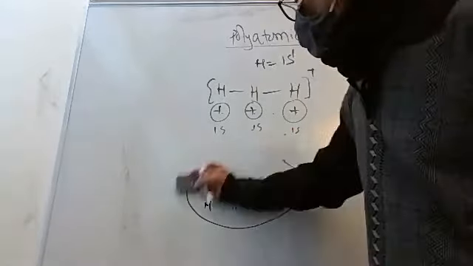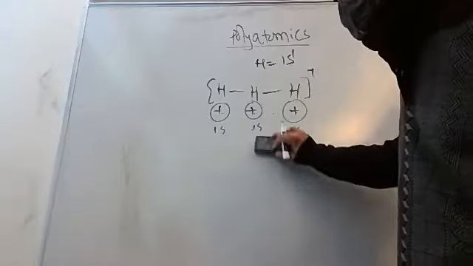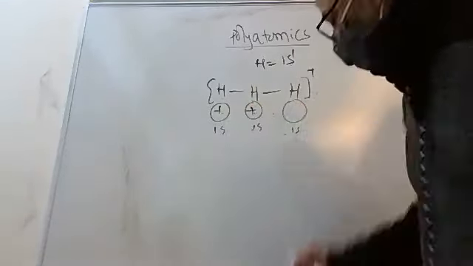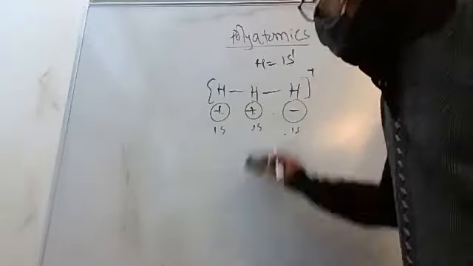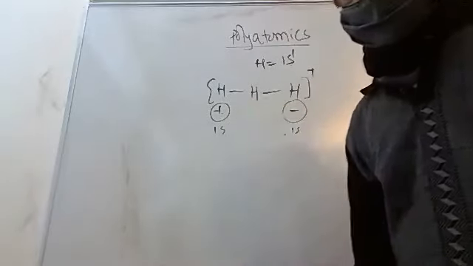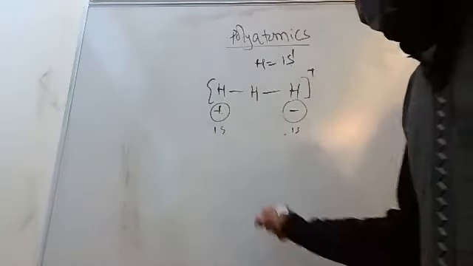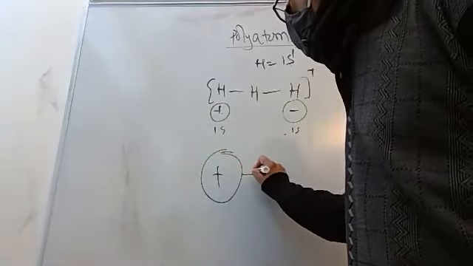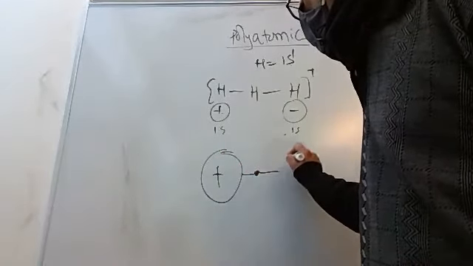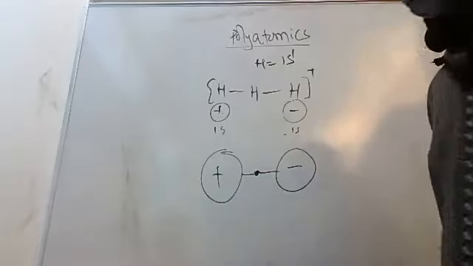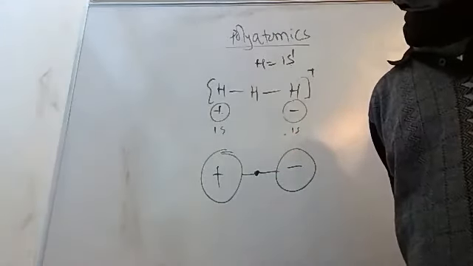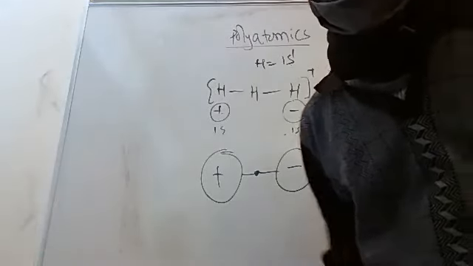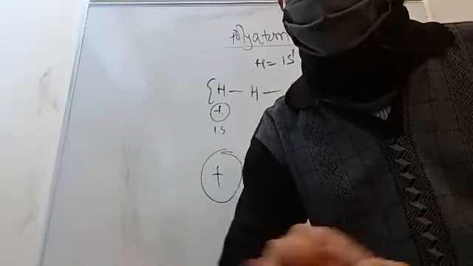In the next one, one of the orbitals is positive, one is negative, and in the middle is non-bonding. In other words, you have one hydrogen atom plus, the other hydrogen is non-bonding, and the second one is negative. This is your 2 sigma. In the 2 sigma, please understand that there is no bonding at all.